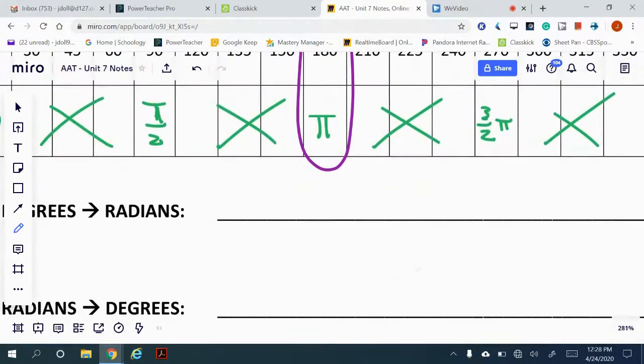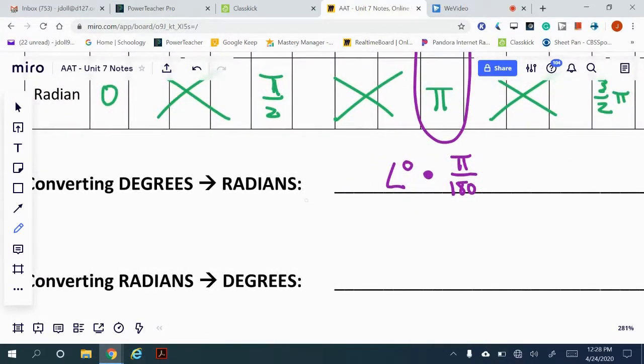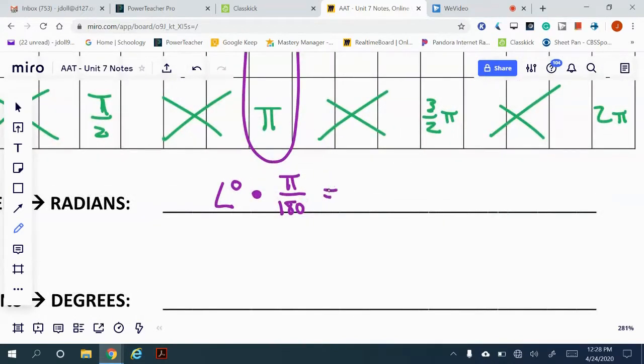If we are starting with an angle in degrees and we want to convert it to radians, we are going to have to multiply that by pi over 180. Again, we're not going to go into super detail, guys, about how we come up with that, but our conversion ratio going from degrees to radians is pi to 180, and what we'll come out with is an angle measure in radians.